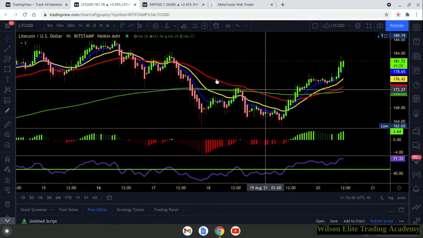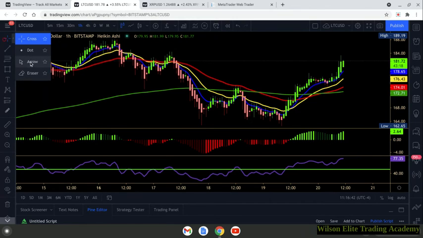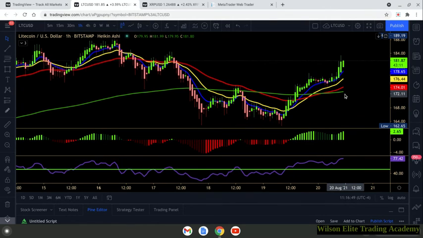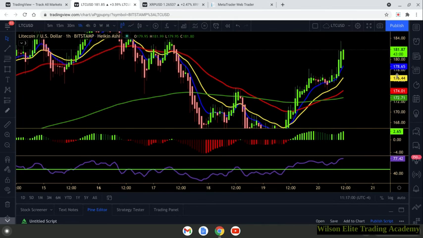Well, when the candles are above this green line, I know I should be looking to buy and buy only. So candles above the green line means buy only. I know I should not be selling the market.